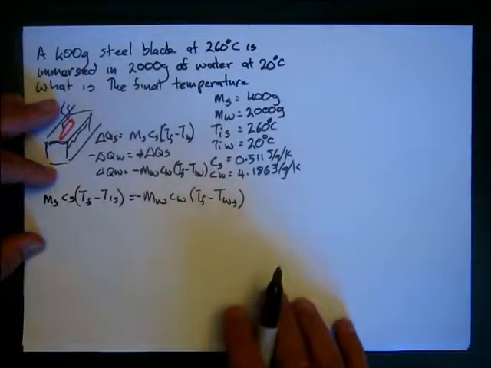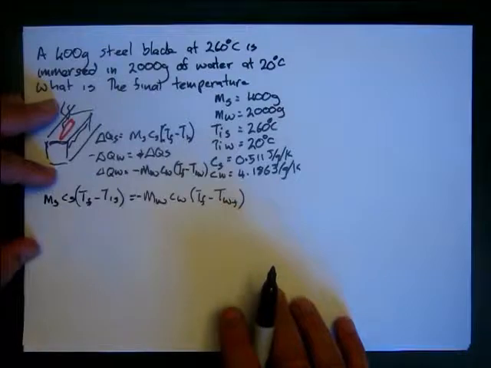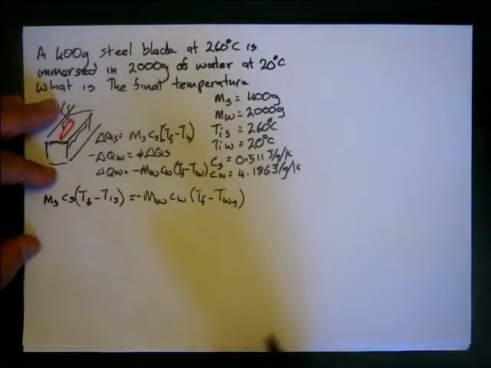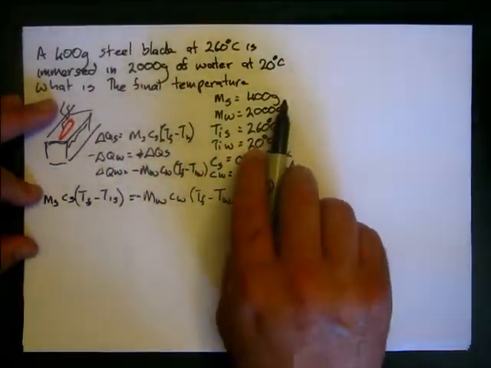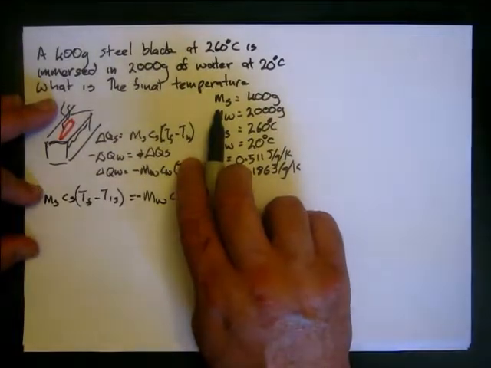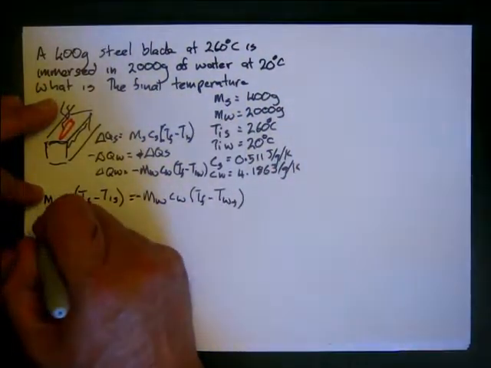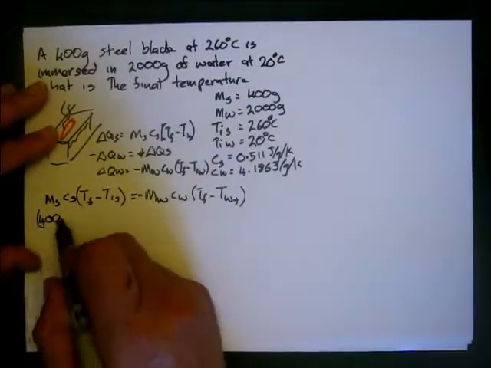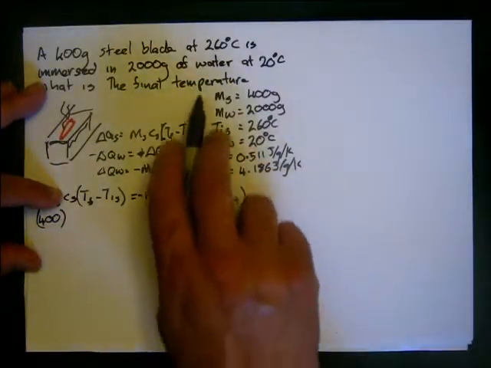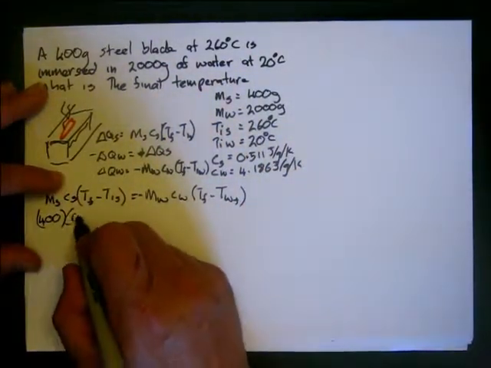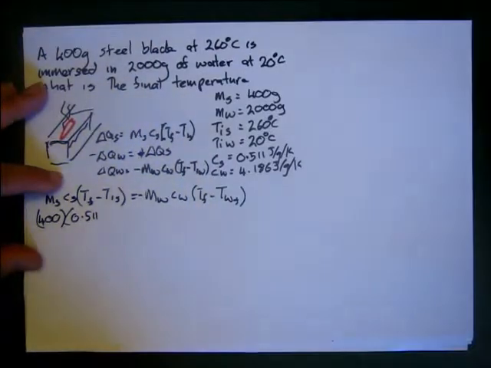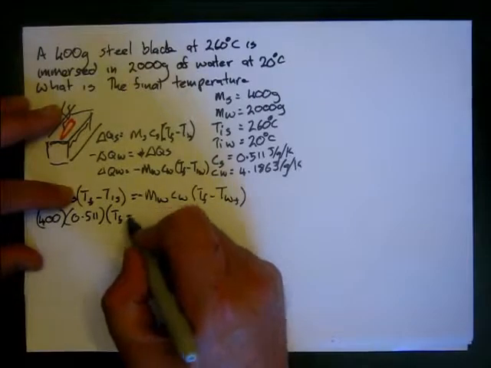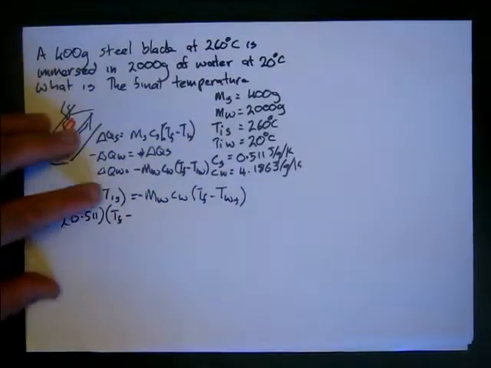Now we can do this the engineering way, possibly the easiest way for people who aren't going to become physicists for the rest of their life, which is just plug in numbers. We're going to plug in numbers, ignoring units for a change. So the mass of the steel is equal to 400 times C steel, which is 0.511, times temperature final, TF, minus, do I know the temperature initial of the steel?